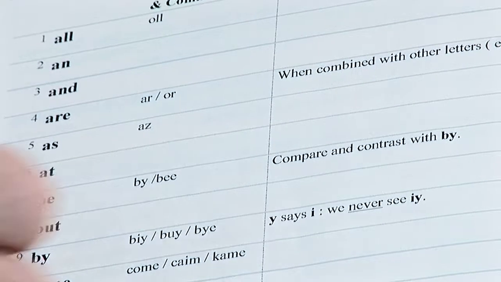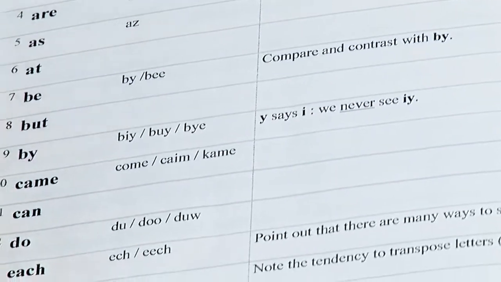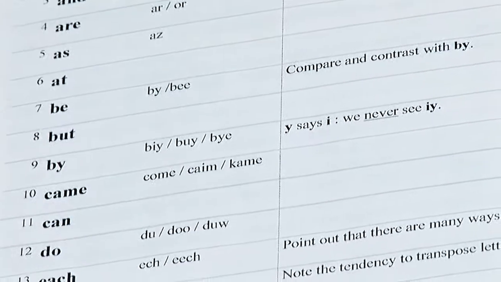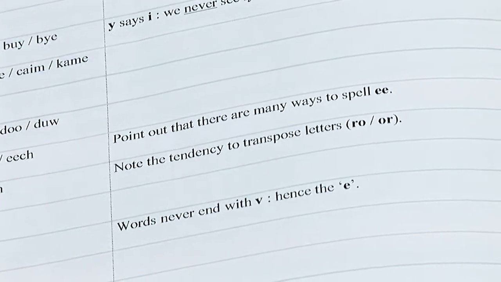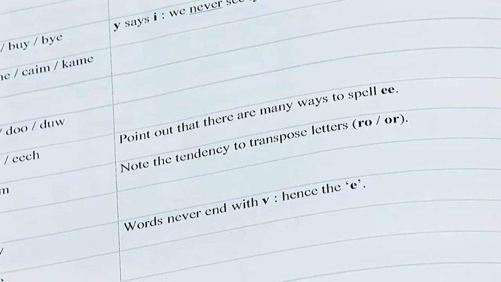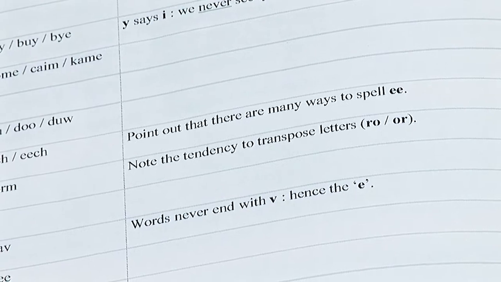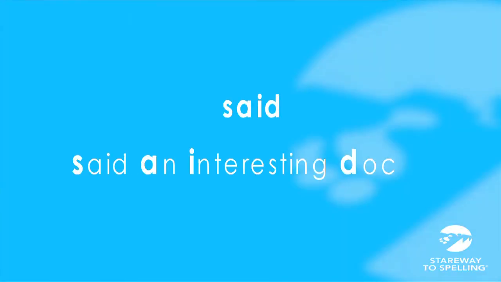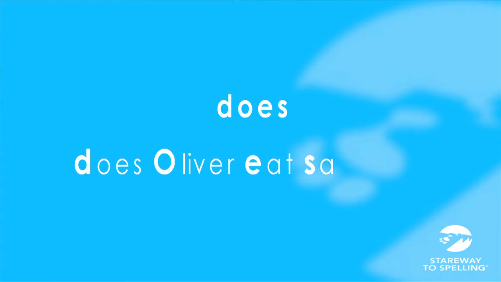And also, opposite the words, where appropriate, we have listed a number of mnemonics or memory aids. It's where we take the letters in a word and we combine them with a familiar saying or phrase. So, for example, for said, we will say said an interesting doctor. Or for does, we will have does Oliver eat sausages.